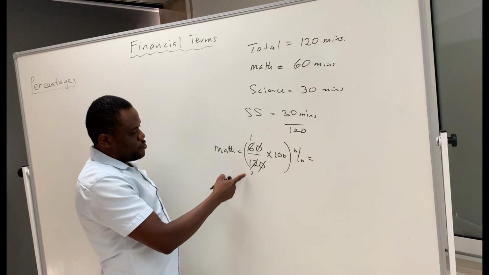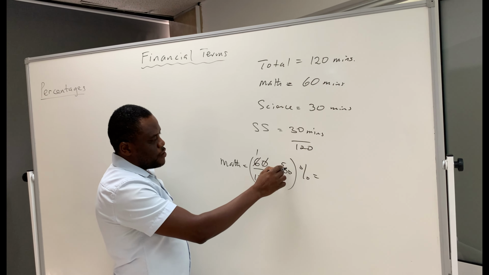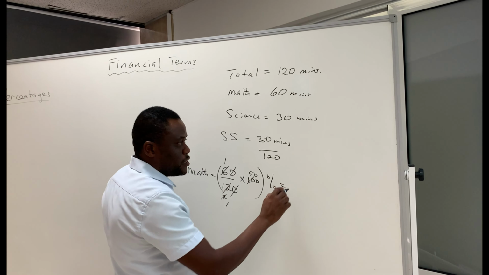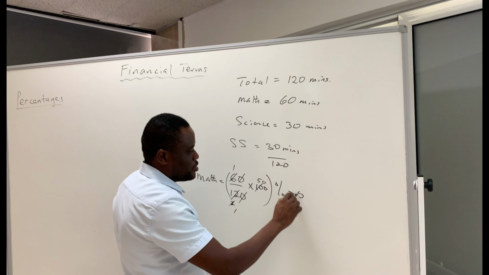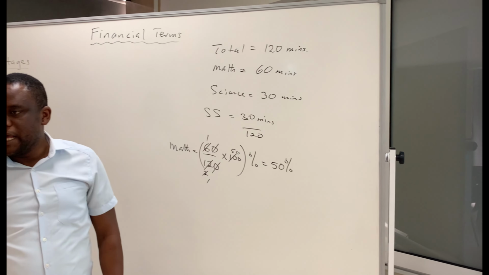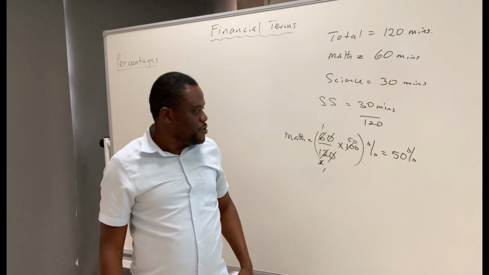This one is finished. This one we need 2. 2 goes here 1, 2 goes here 5. So we have 50. So which means in mathematics he used 50% of his time, or from that 120 minutes, 50%.